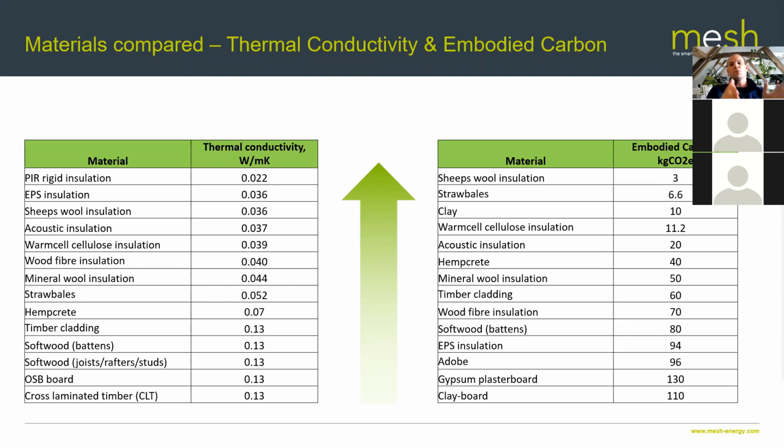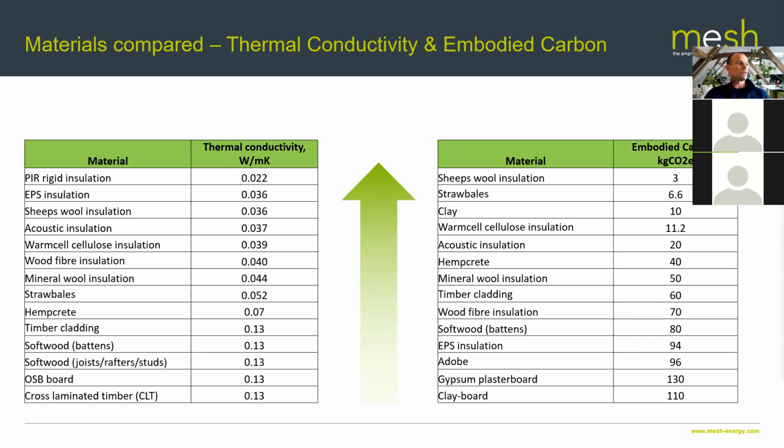So these tables show you, when you focus on thermal conductivity and when you focus on embodied carbon, how the materials compare to the relative other materials in the list. And a really quick and dirty way of finding out potentially which ones have the lowest thermal conductivity and which ones have the lowest embodied carbon relatively, is by multiplying these two numbers.